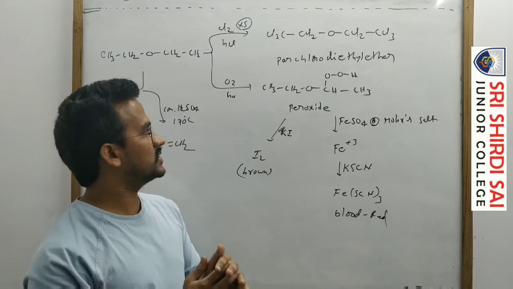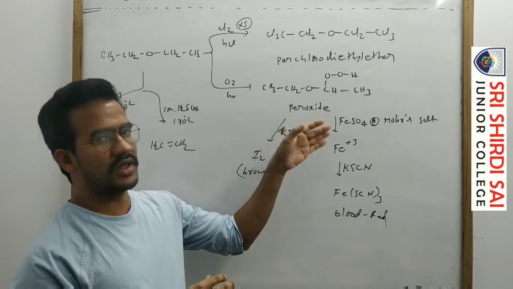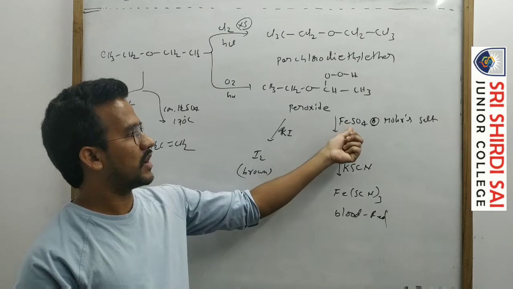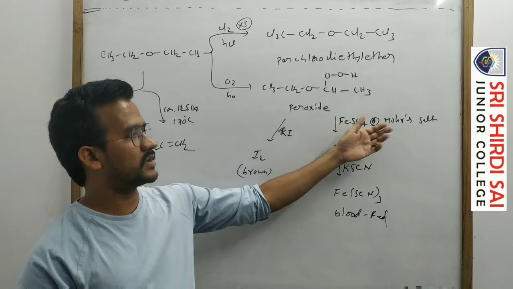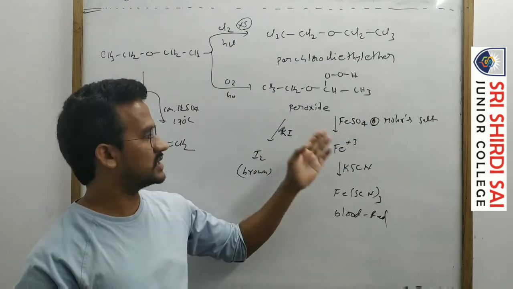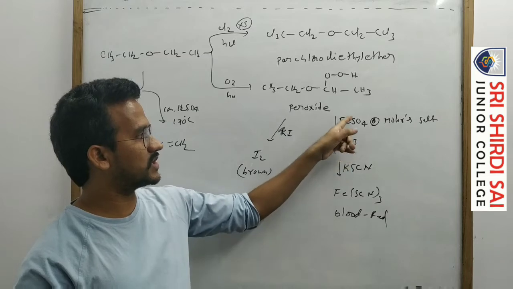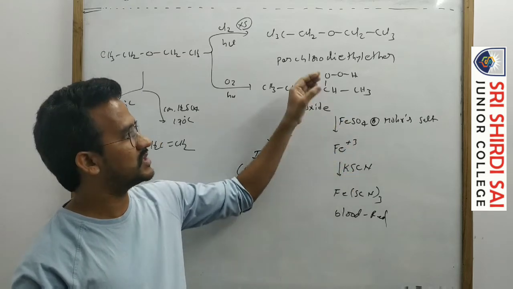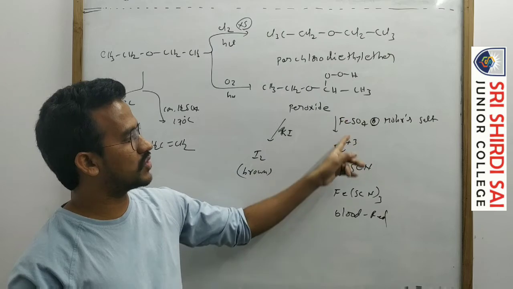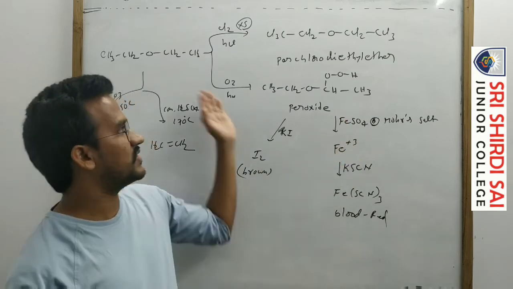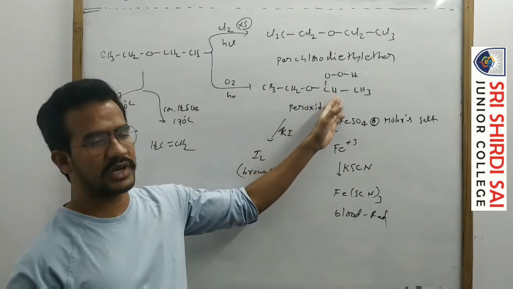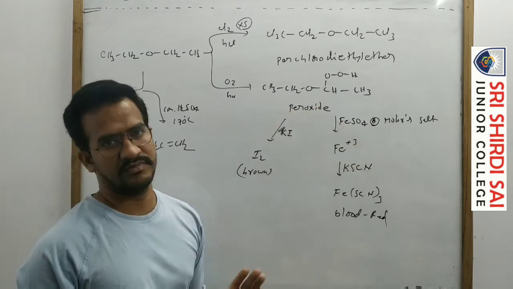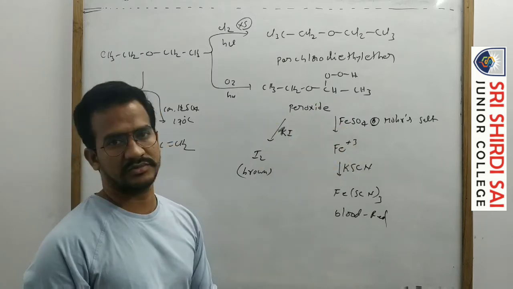First, if the ether is converted to peroxide, on adding freshly prepared iron sulfate, or Mohr's salt, Fe2+ is oxidized to Fe3+. If ether is not converted to peroxide, Fe2+ remains the same and is not oxidized.